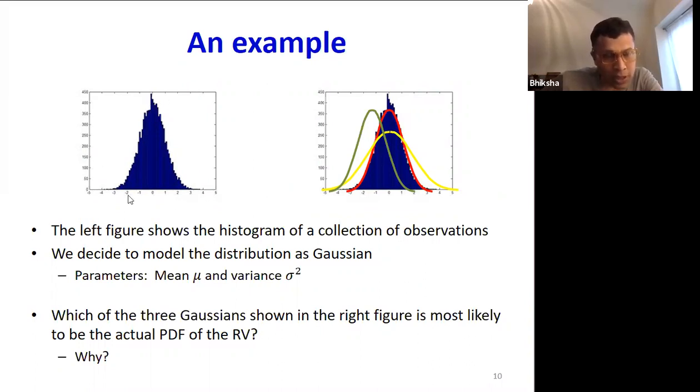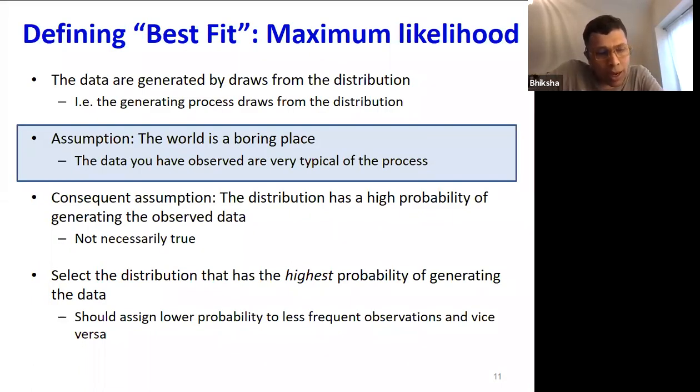So for which of these 3 distributions is this data more typical? Clearly the red one, right? Because it's assigning higher probability to the more likely events and lower probability to the less likely events. So we're going to formulate the maximum likelihood estimate on this principle.